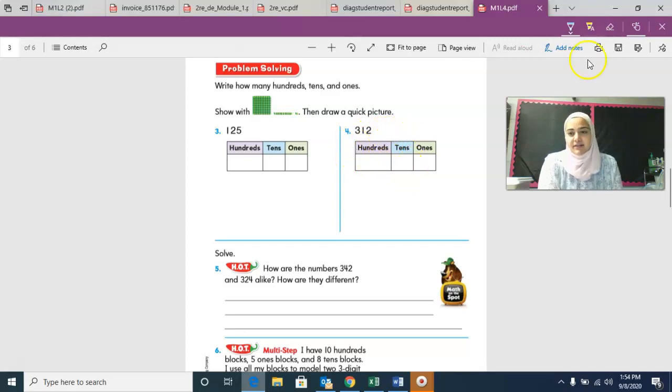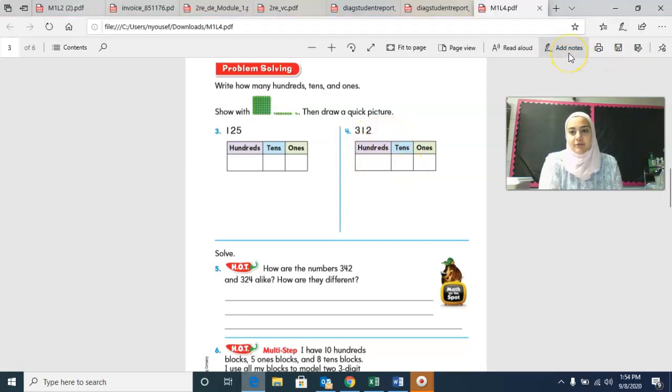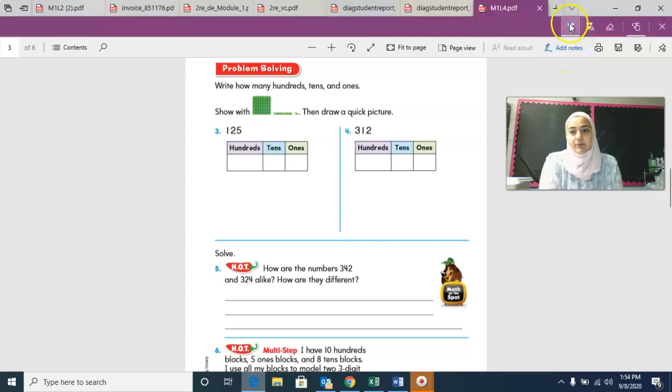So how many hundreds are in 312? There are 3 hundreds. So I'm going to put 3 in the hundreds place. How many tens? There's 1 10. How many ones? There's 2 ones. So now what do I have to do? I have to draw it out. So there are 3 hundreds. 1, 2, 3.